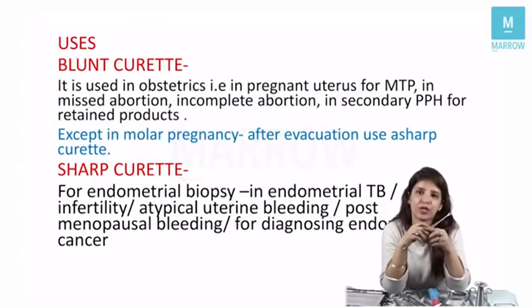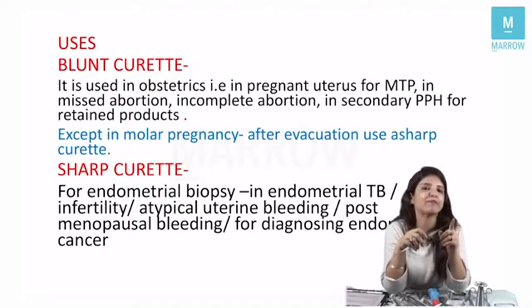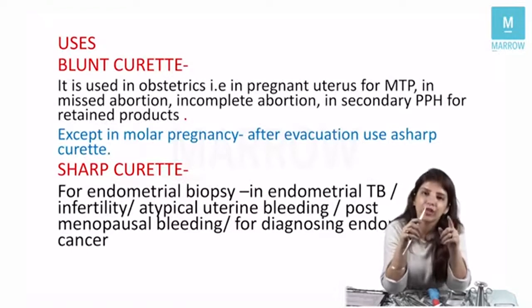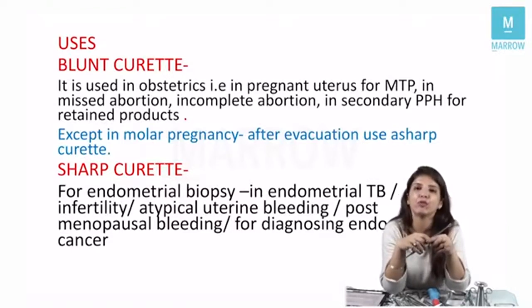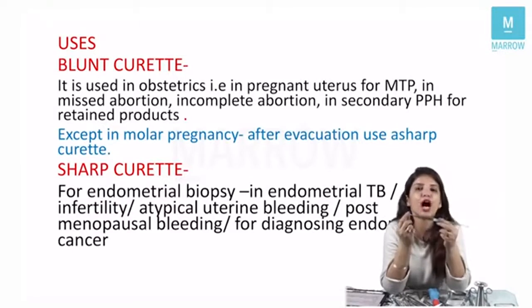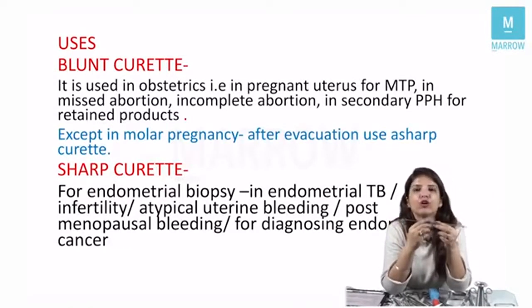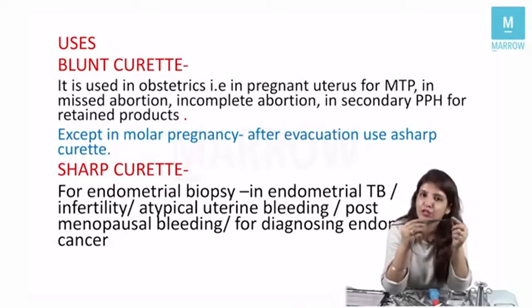Always in obstetrics, you use a blunt curette on a pregnant uterus except in one situation, and that is after evacuation of a molar pregnancy. After evacuation of molar pregnancy, you have to curette the uterus and you use a sharp curette, right? Otherwise, for a pregnant uterus, we always use a blunt curette.